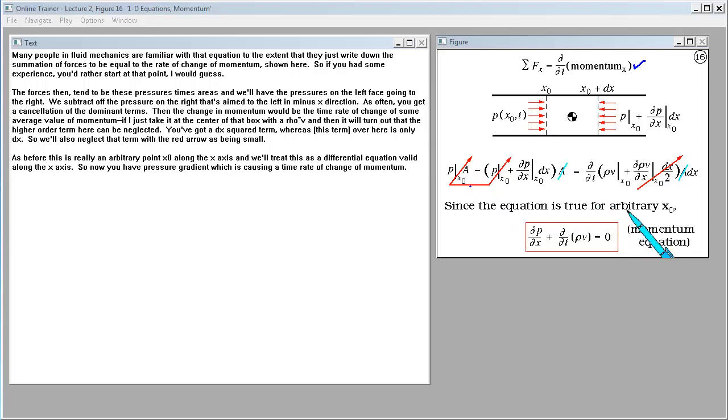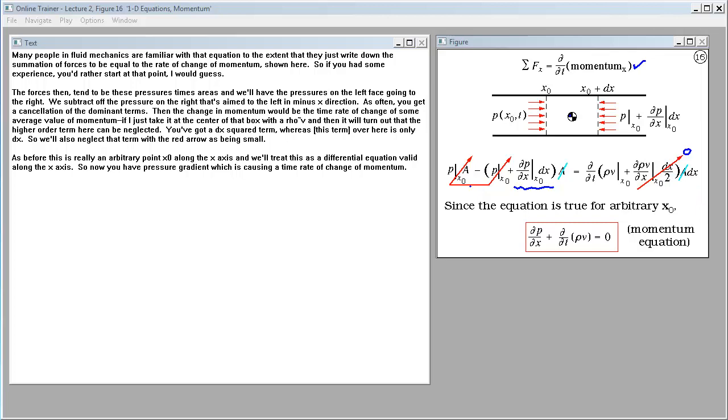Then the change of momentum would be the time rate of change of some average value of momentum if I just take it at the center of that box with the rho v, and then it will turn out that the higher order term here can be neglected. You've got a dx squared term, whereas this one over here is only dx. So we'll also neglect that term with the red arrow as being small.